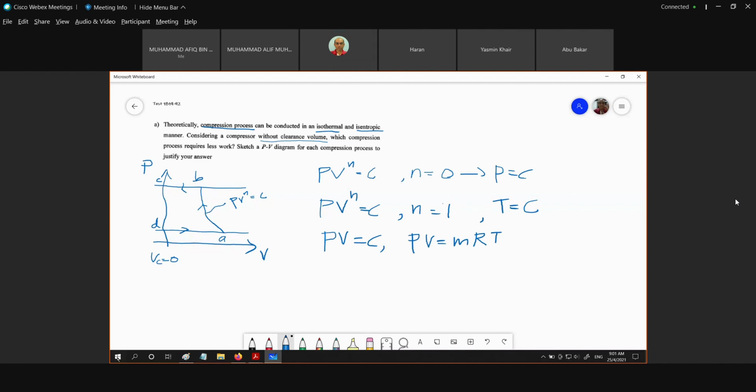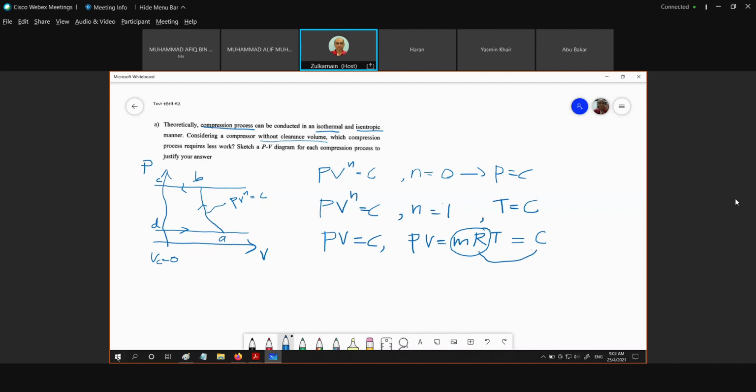So, mR can be embedded in the constant. If you compare these two equations, in order to get T equal to constant, the mR should be combined into the C. This is a constant for a closed system during the compression process.